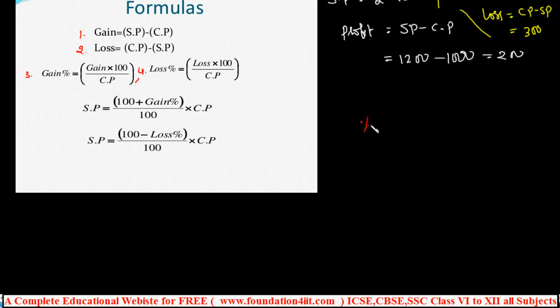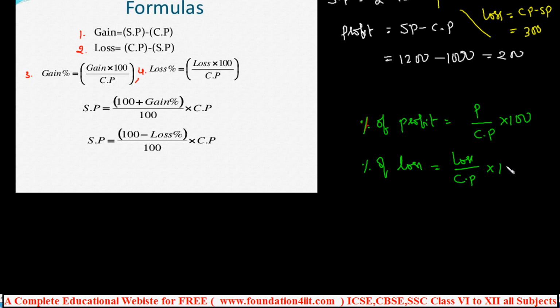So percentage of profit or percentage of gain is equal to profit by cost price into 100. Same, P into 100 or G into 100, gain into 100 by cost price. And similarly, percentage of loss is equal to loss by the same cost price into 100. So the basic thing is the cost price.